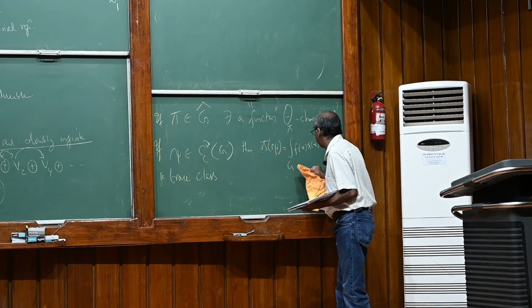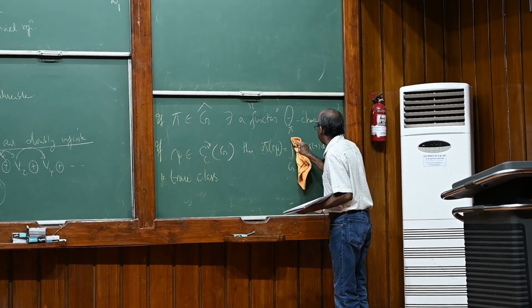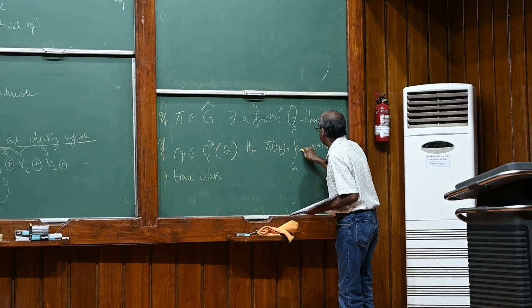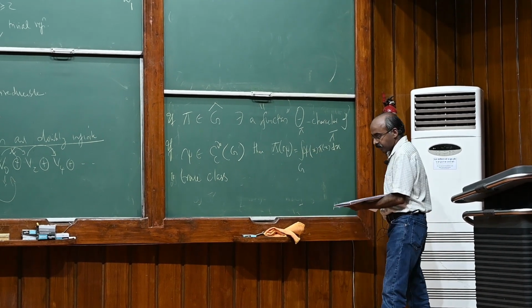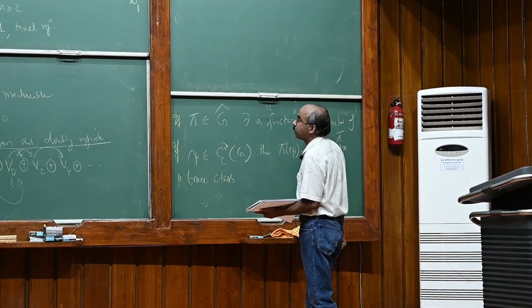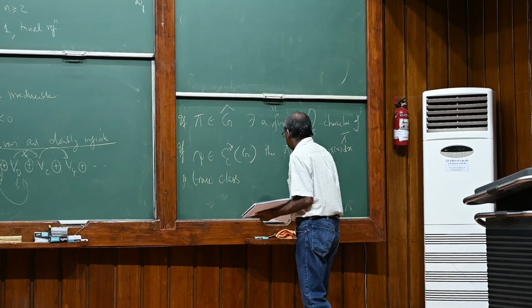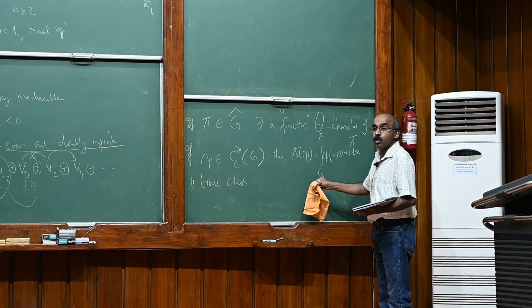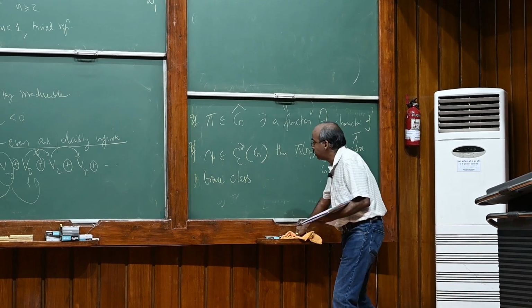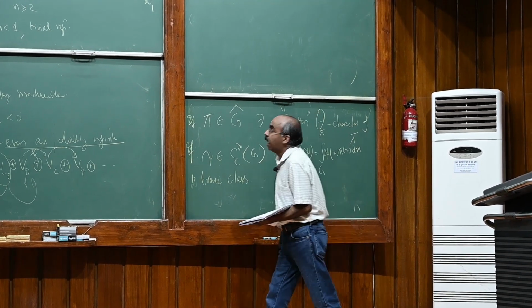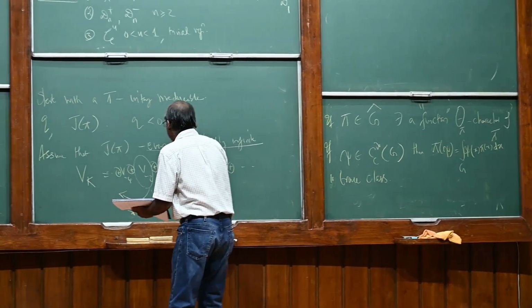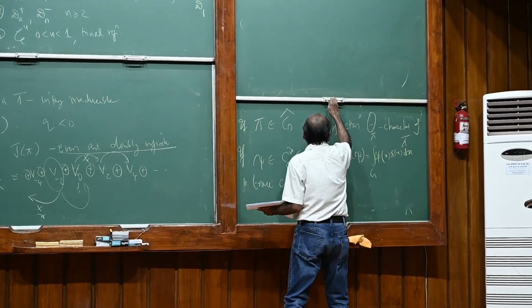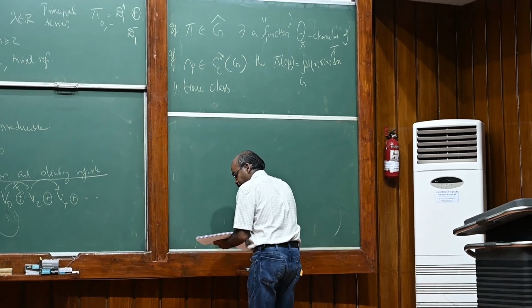So I used pi f, right? So pi of psi is trace class. And the inversion formula reads, so I need all the notation again.